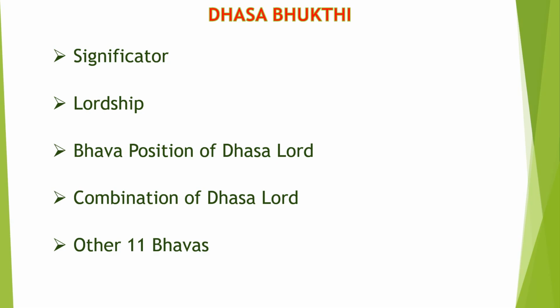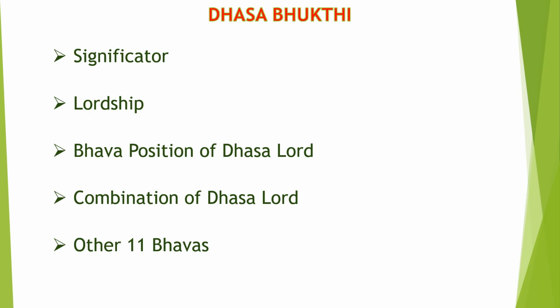So, like this, we should use the significators and the lordship to filter the benefits that are common to the significator and lordship, which will be enjoyed by that person, and that too through the bhava in which the dasha lord is present.